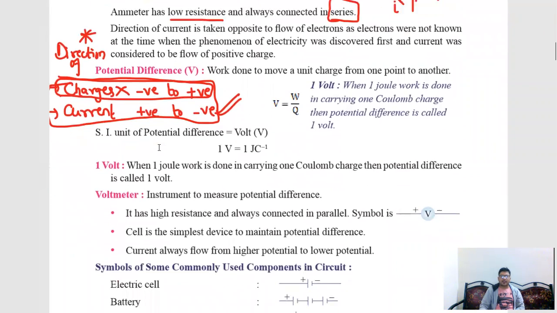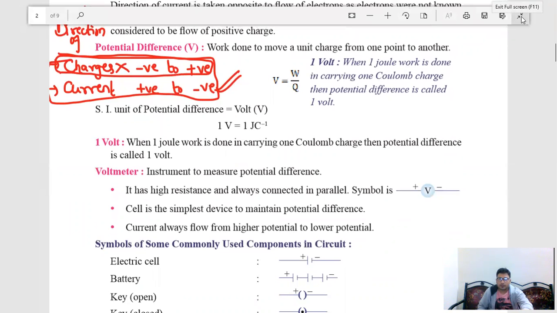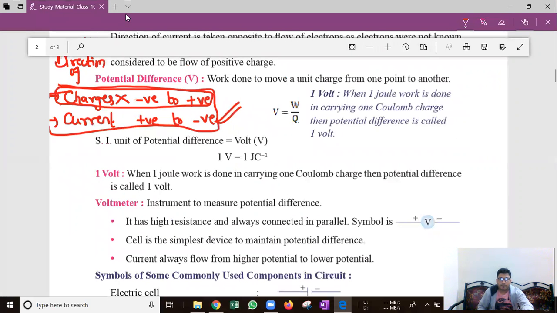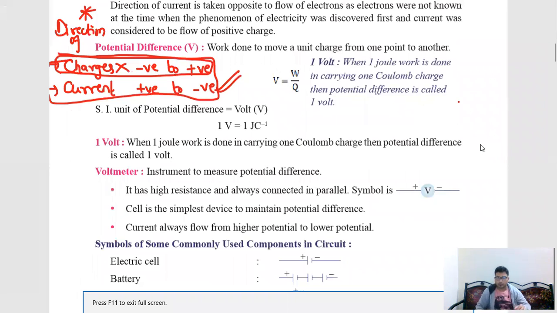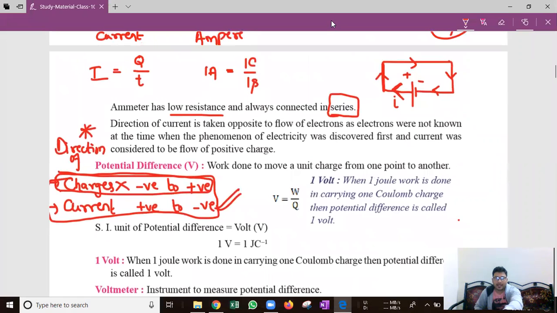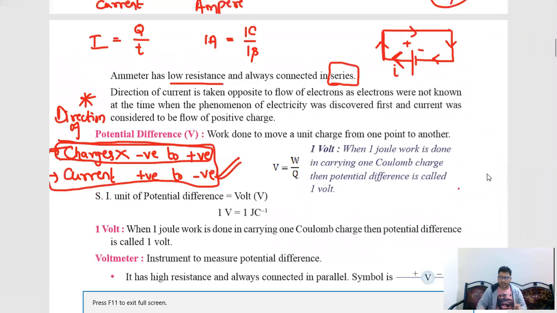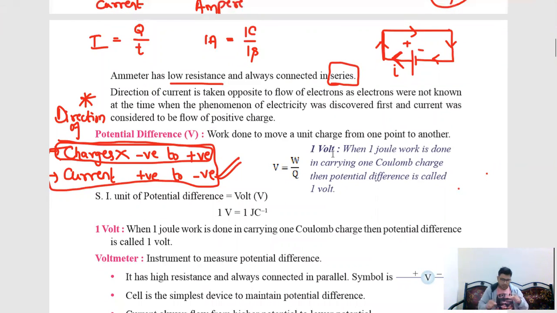Next, potential difference, simply to say it is voltage. So we need to learn about voltage now. Till now we have seen what is meant by current. Current is represented with the letter I, and voltage is represented with the letter V. Voltage you can also say as potential difference.